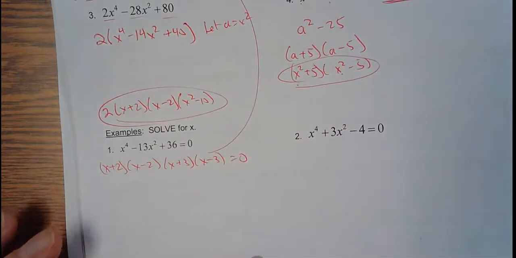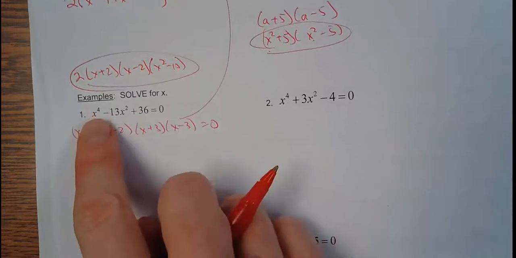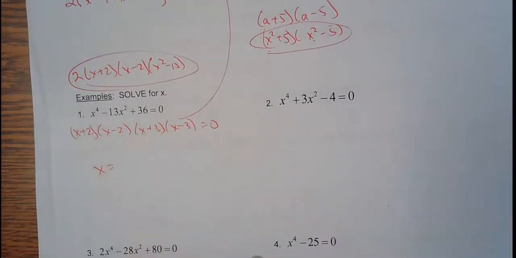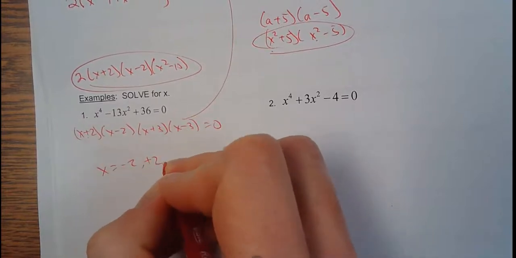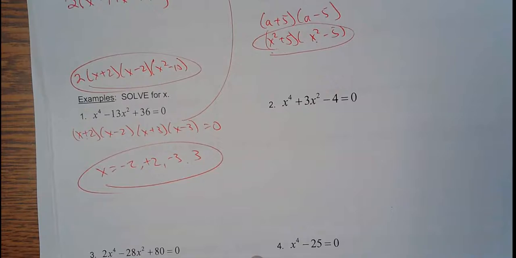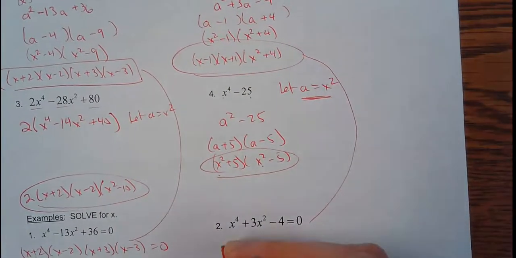Now that equals 0. Up here it was just an expression, and down here it's actually equaling something. So what would x equal? If I said to actually solve it, it would be negative 2, positive 2, negative 3, and positive 3.